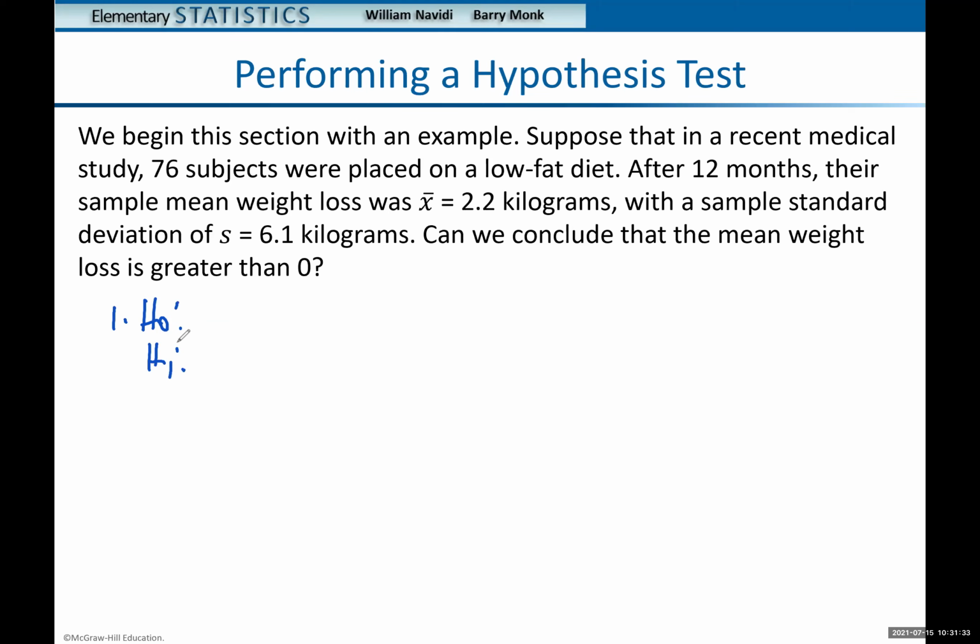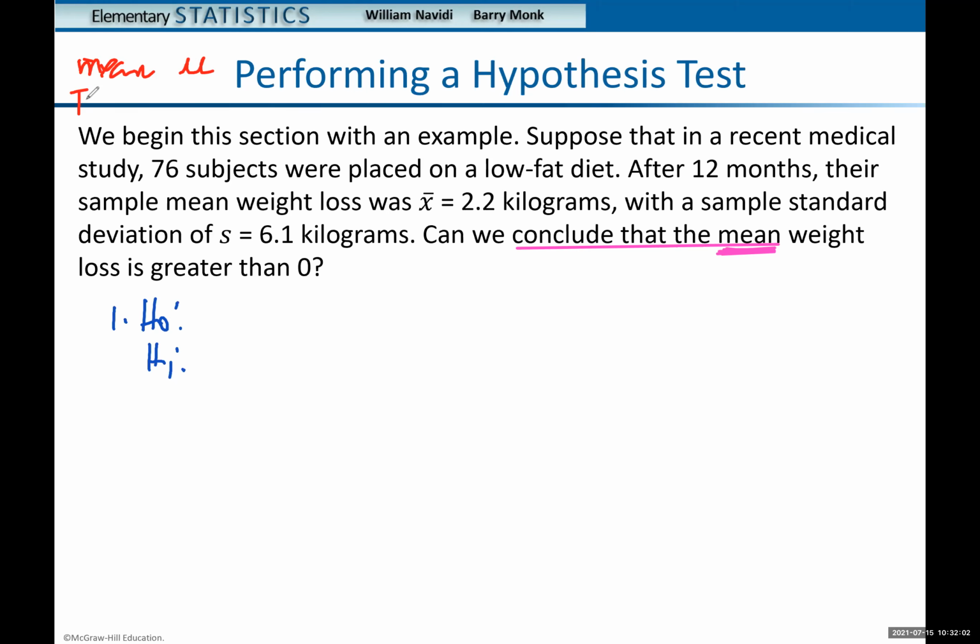So here, the first one is, it says, can we conclude that the mean, the word mean, just to remind, if we say mean, meaning you have to use the population mean for your H0 and H1.